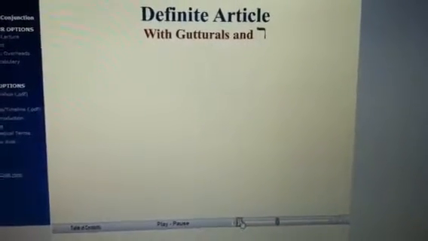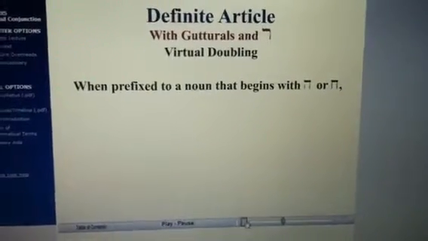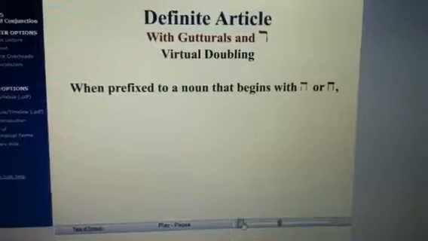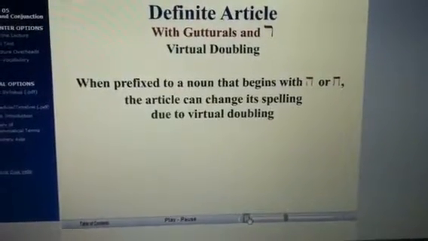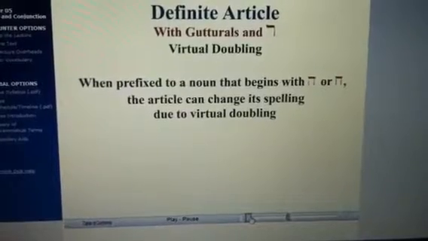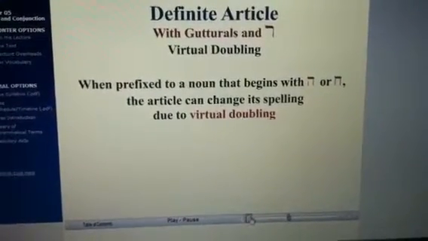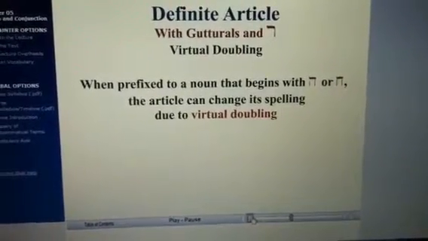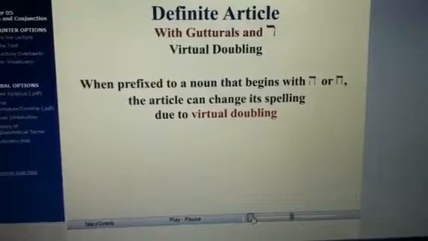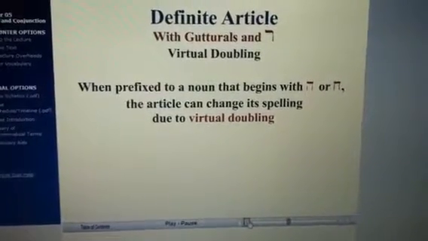Now we will study virtual doubling. When prefixed to a noun that begins with hey or het, the article can change its spelling according to what is called virtual doubling. We illustrate virtual doubling in the middle of handout 5D. This is section 5.4.2 in the grammar.